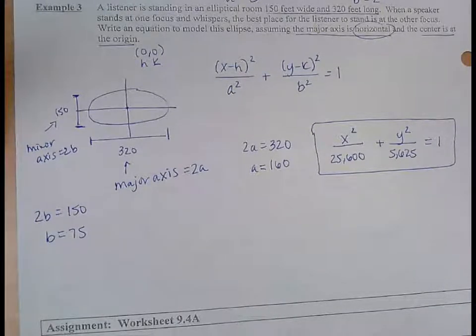Okay, so that's problem solving with what you're given. There was an example where you were given vertices and foci, then vertices and covertices, and the major and minor axis.